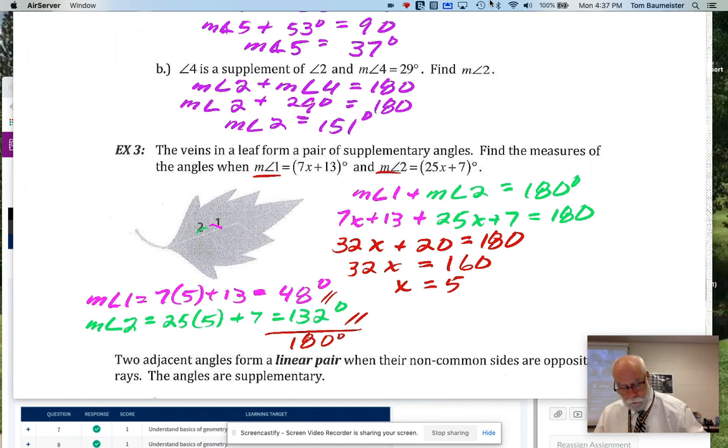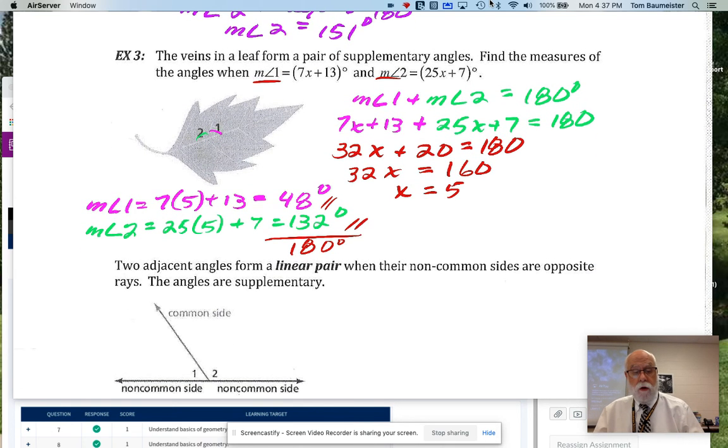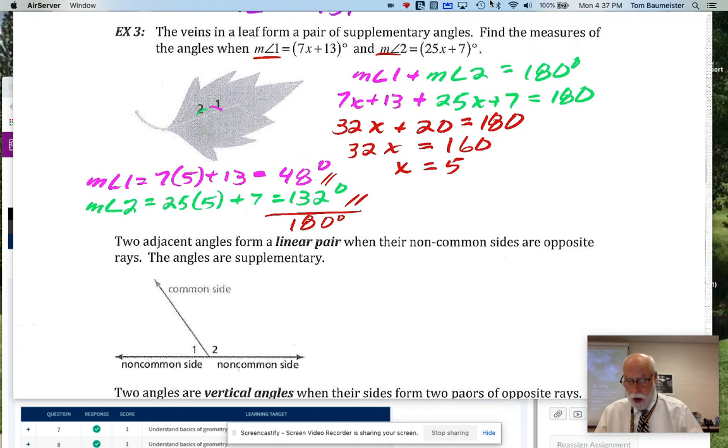Okay, so two adjacent angles form a linear pair when their non-common sides are opposite rays. So again, if we're looking at it here, here's our vertex. This is a non-common side. They're opposite rays. Okay? And we know that the angles are supplementary, so they equal 180.